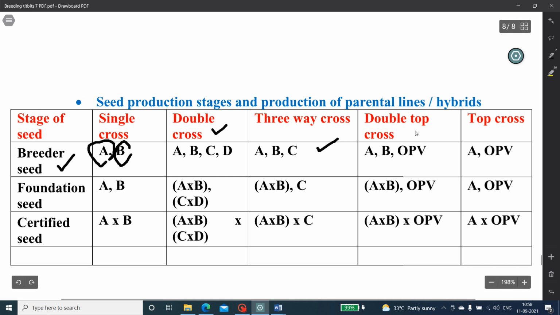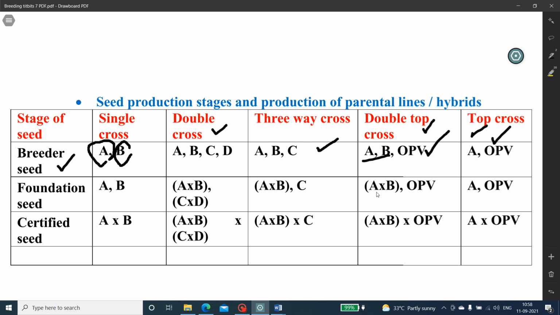In double top cross, two inbreds and one open pollinated variety should be raised separately, and you have to multiply the breeder seed. And top cross, one inbred and another OPV. All the inbreds and open pollinated varieties, by keeping the isolation distance, you have to multiply breeder seed.